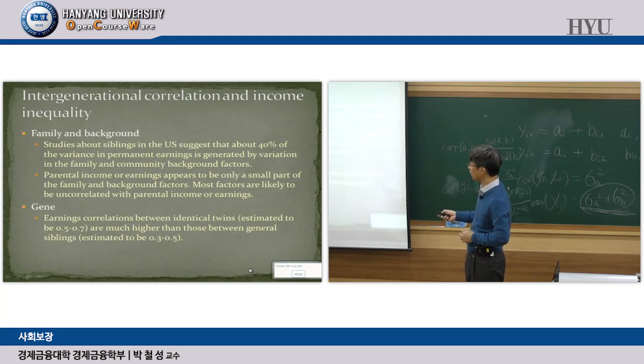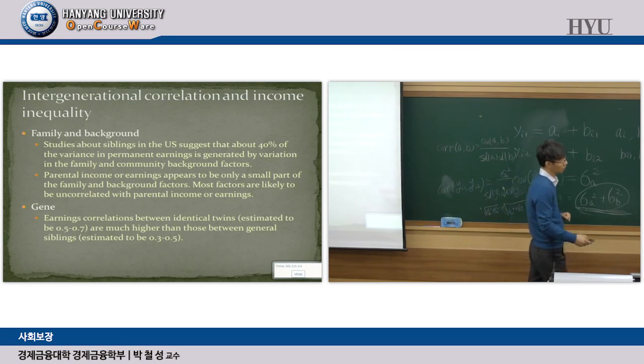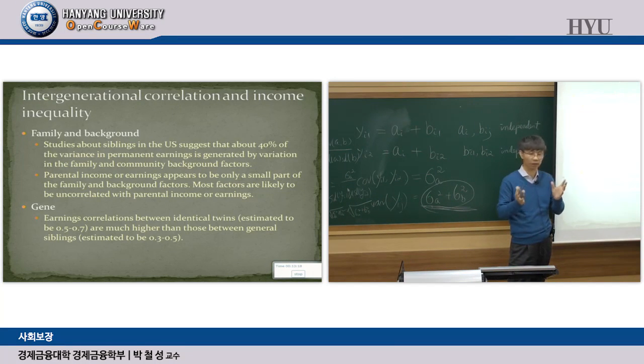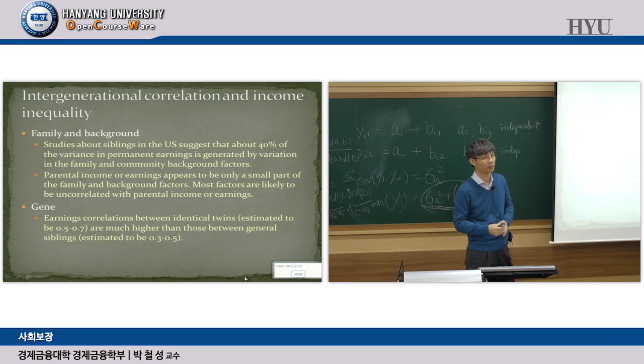And genes seem to be important because biologically identical twins have exactly the same genes. Identical twins come from the split of a fertilized egg into two, and when the egg is fertilized, the genes are determined. So identical twins have exactly the same genes.